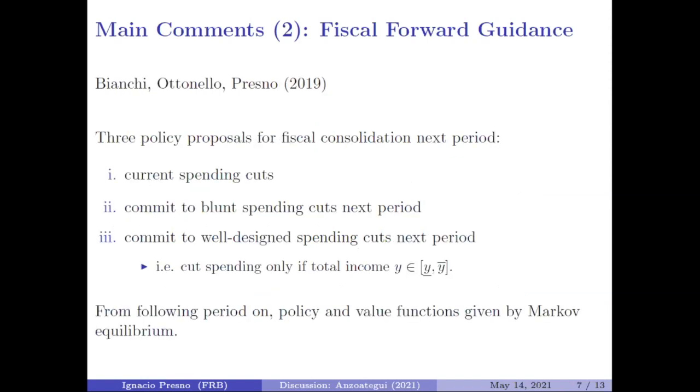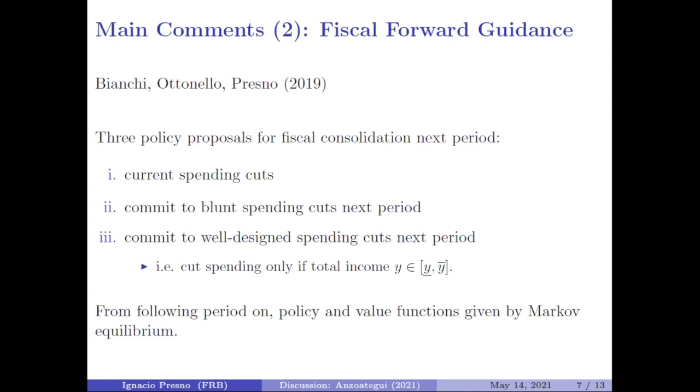Here, we conduct a similar exercise to the one that Diego has. We talk about these promised cuts in spending in the future as fiscal forward guidance. So we propose three types of fiscal consolidation. First one, where we're talking about current spending cuts. Second one is going to be committing to blunt spending cuts next period, which is basically what Diego has as well.